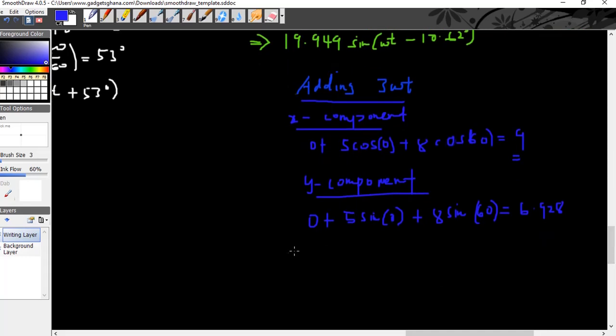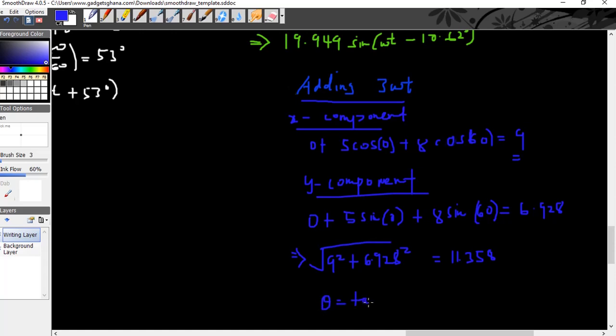the modulus and argument. So we have the entire root of 9 squared plus 6.928 squared, and then this will give us 11.358. Okay, and let's find out what angle.